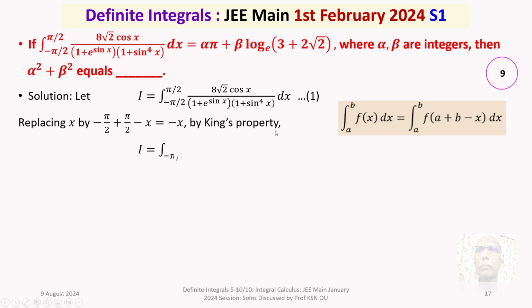Then you will get I is equal to, wherever there is x you write minus x, cos of minus x, 1 plus e to the power of sine of minus x, and 1 plus sine of minus x whole to the power of 4. Sine of minus x is minus sine x, cos of minus x is just cos x.